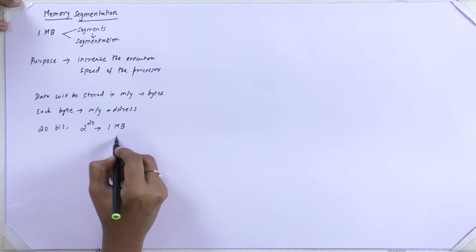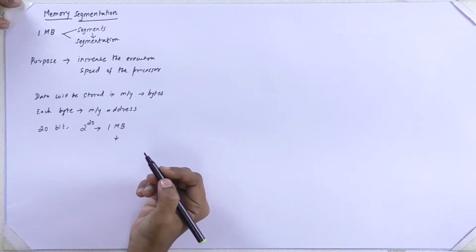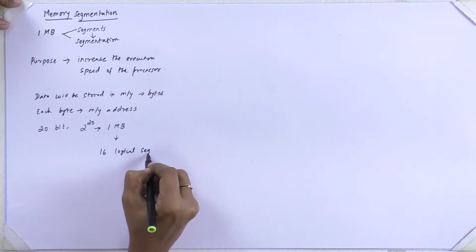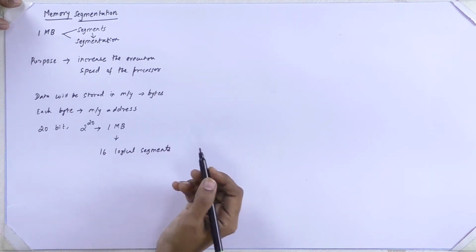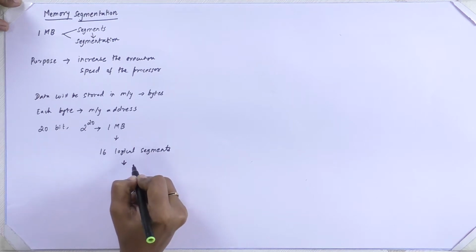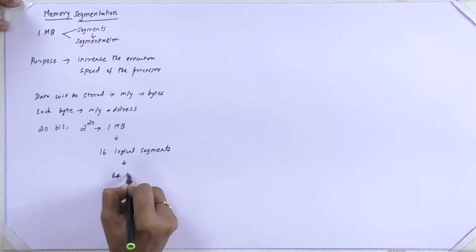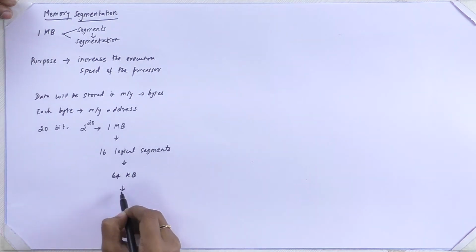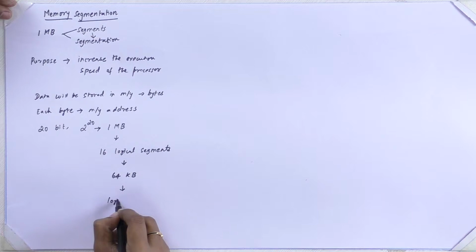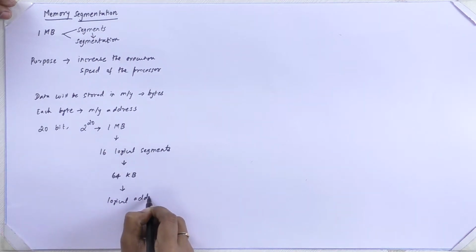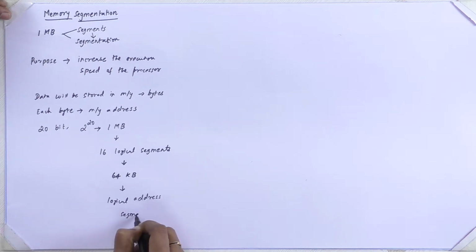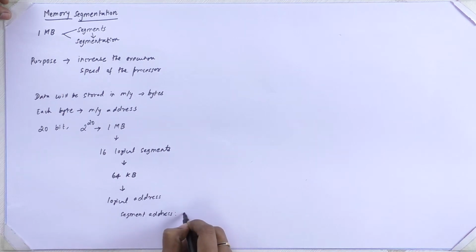This 1 megabyte of memory is further divided into 16 logical segments. The size of each segment is 64 kilobytes, and each segment consists of a logical address of the format segment address : offset address.